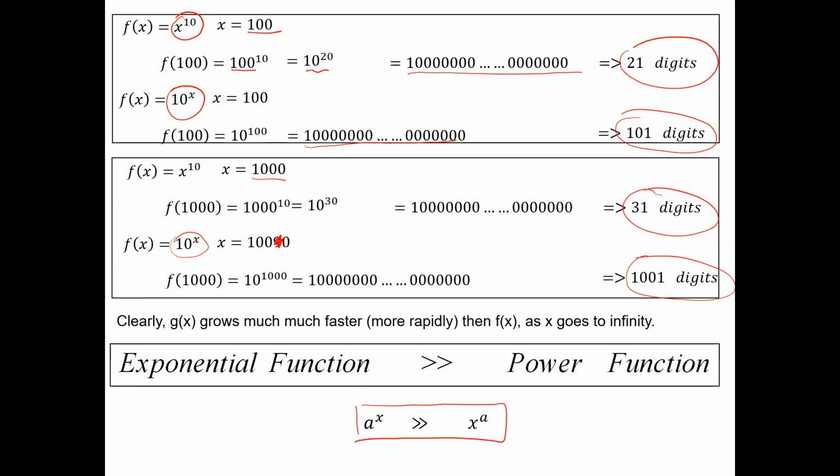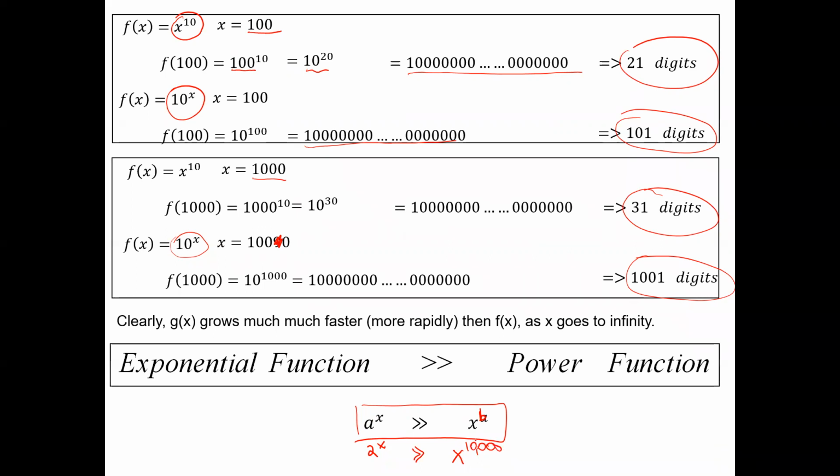They will always win. It doesn't matter what the exponent and what the power is. For instance, I can take 2 to the power of x, and compare it with a different power, let's say even 10,000. Please do not be misled by the big power.